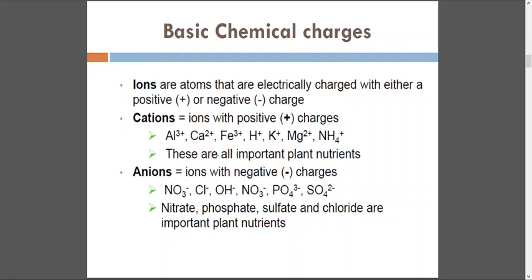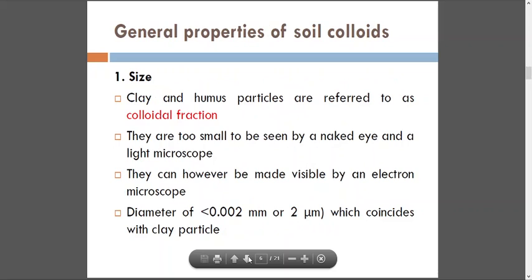For proper plant growth and development, we need them in the soil. We also have the negatively charged ions, which are called anions, for example nitrate, chloride, phosphate, and sulfate, and these are equally necessary for proper growth and development of our plants.